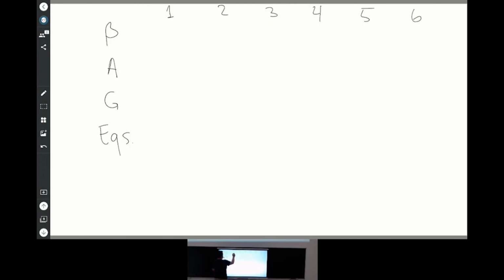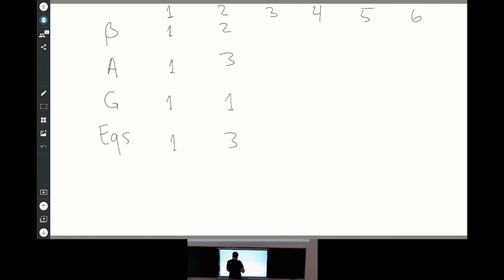In the beta function, we have 1 term at 1 loop, and everything is 1, very easy. We already saw the 2 loop result. We have 2 terms in the beta function, and we had 3 contributions to this A. We had 1 contribution to the metric, and we had 3 equations. So clearly, it seems like we have enough freedom here to make it happen, to satisfy any equations.